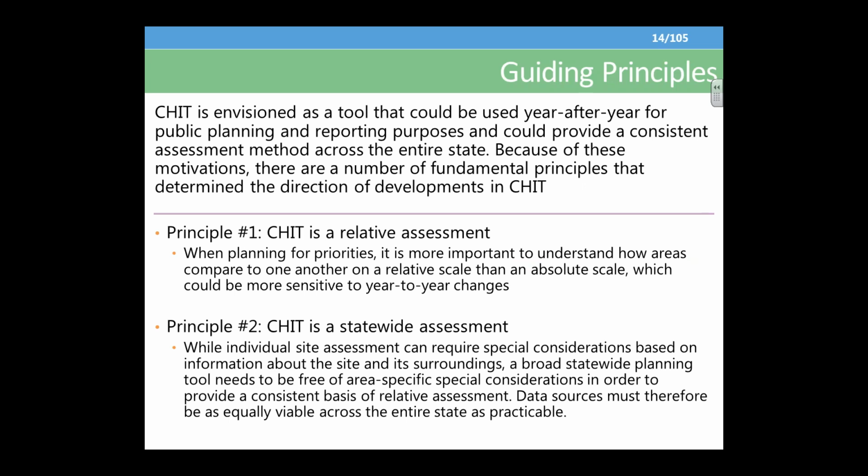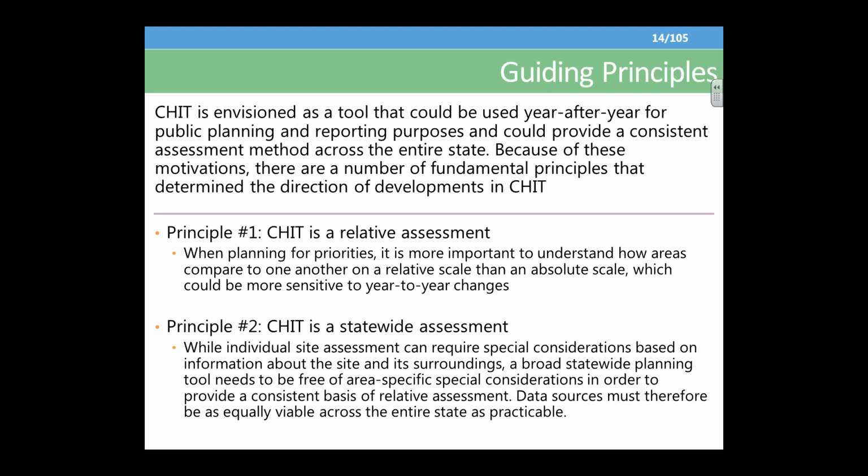We had a question earlier this morning about information that's more targeted to particular areas, and we try to avoid that specifically in this analysis because we're looking for a baseline analysis that can be fairly performed across the entire state. Because of these motivations, there's a number of principles to keep in mind, and if you keep these in the back of your mind as we're going through these next slides, you'll see that it makes sense why we did what we did.